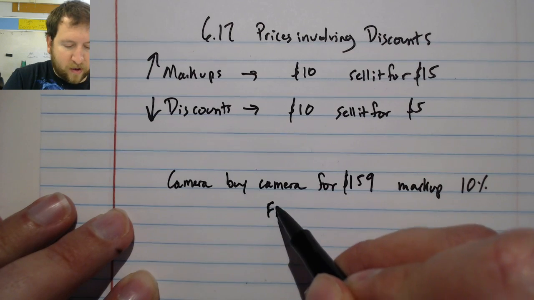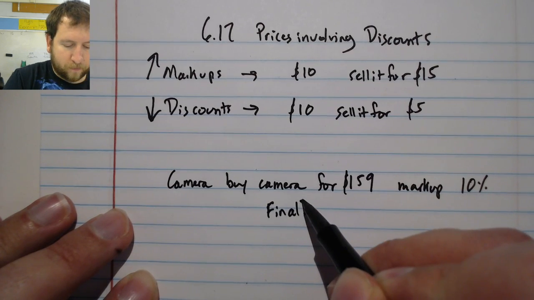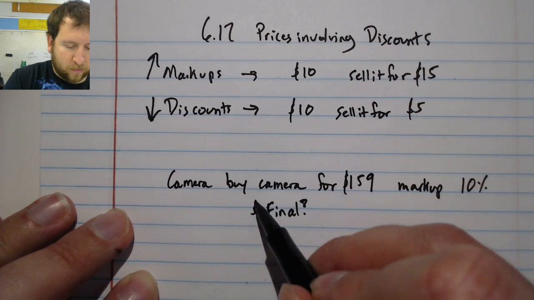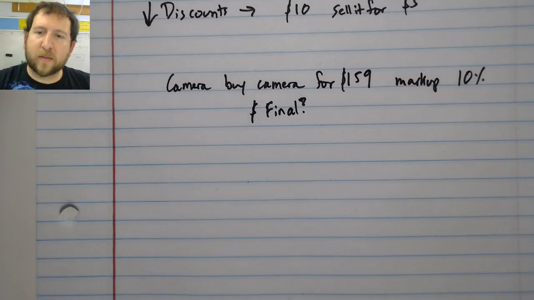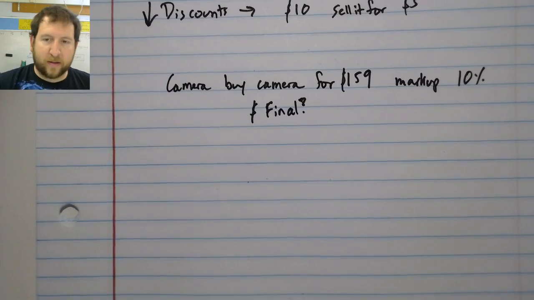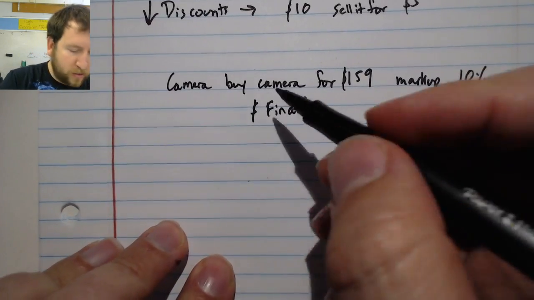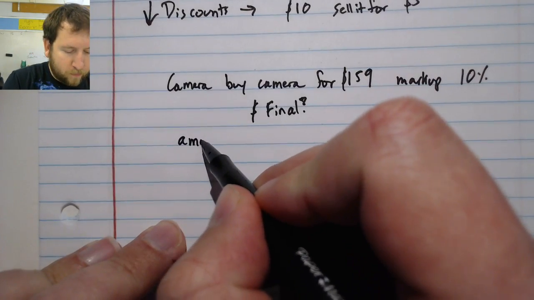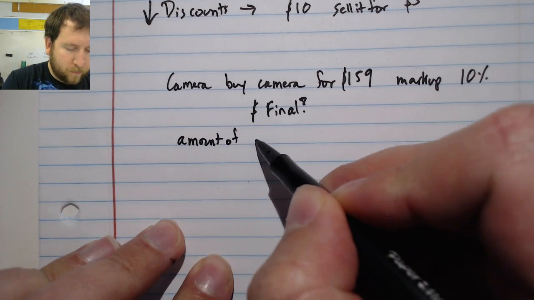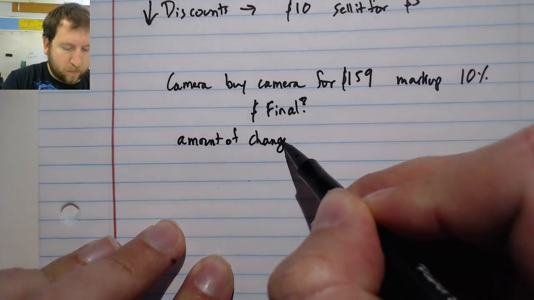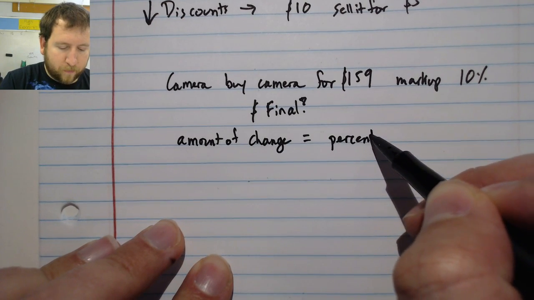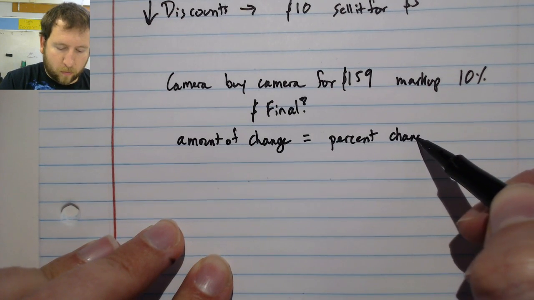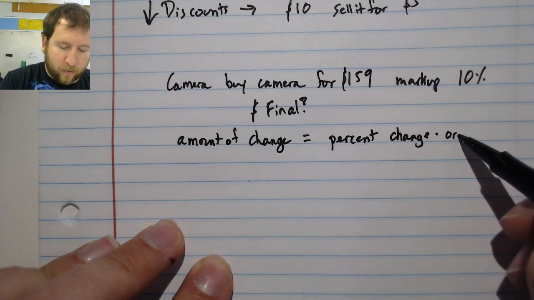What is the final price? Well, we're going to use a very similar formula that we used last time, and we're going to look at the amount of change equals the percent change times the original amount.